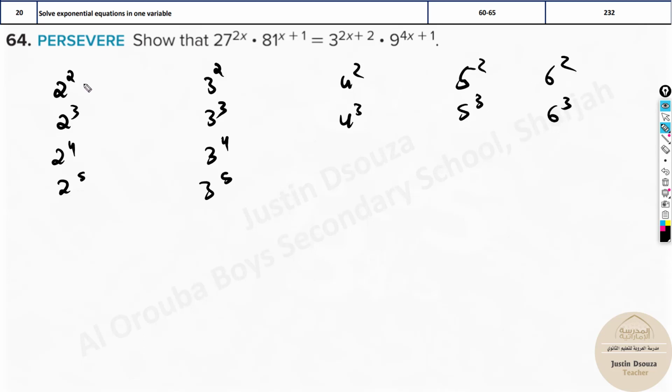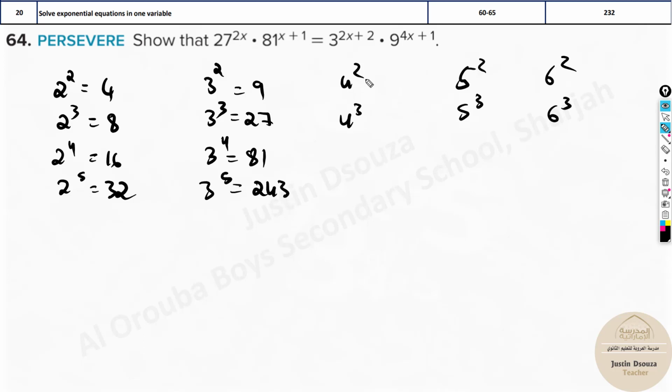You need to know this in your mind. 2 squared is 4, 2 to the power 3 is 8, then 16, then 32. What about 3? It is 9, 27, 81, 243. Same with 4: 16, 64, and then 256 and so on. 5 squared is 25, then 125, 625 and so on. Over here you will have 36, then 216, and it goes on.